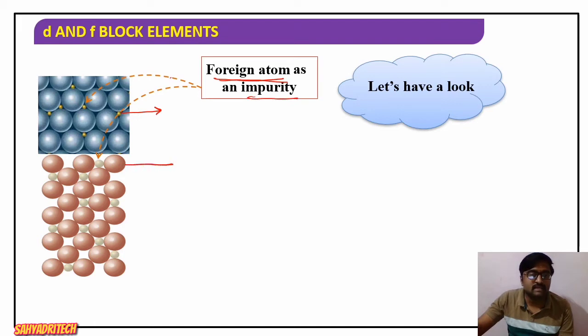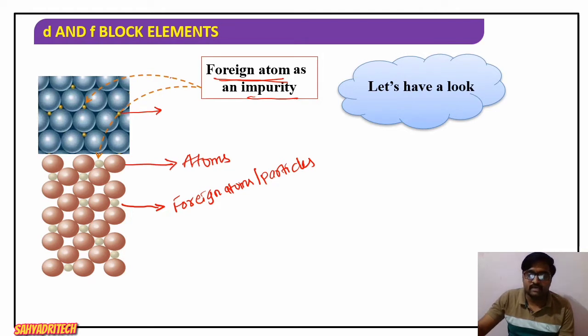So here, these are the atoms of a constituent element, and in the empty space present between them, smaller particles exist. They are considered foreign atoms, or you can say particles. Some smaller particles are trapped at the empty space among the constituent atoms.